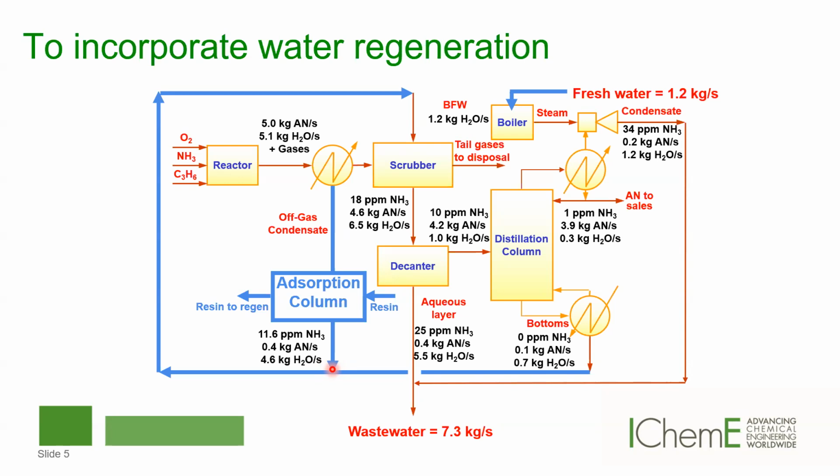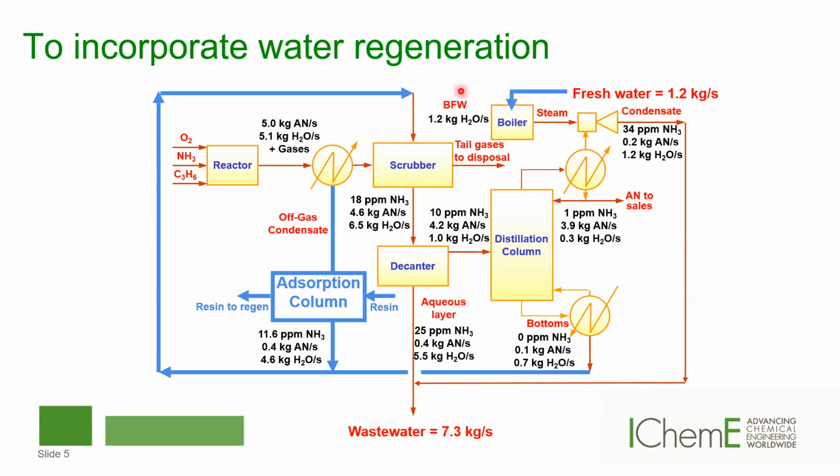If we do that, it means that we can completely cut off the fresh water going to the scrubber, and we can completely rely on recycled and regenerated water for the scrubber. From the bottoms, we have 0 ppm of ammonia. So this is recycled. And then we have regeneration that has 11.6 ppm. So we're able to completely remove the stream.